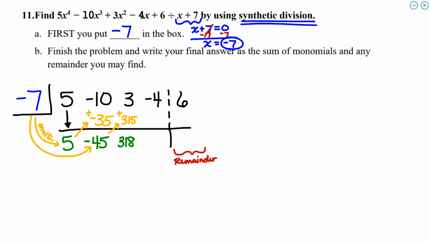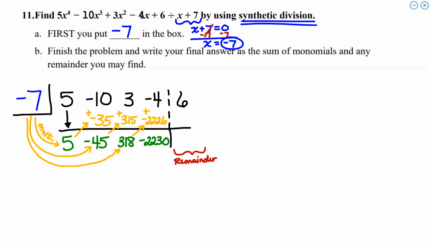Right? What next? -7 times 318. What do we get? -2,226. I add it to the number up above, which gives me negative what? 2,230. Can I be done yet?